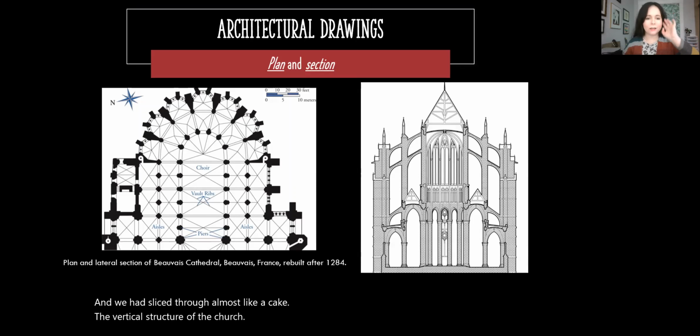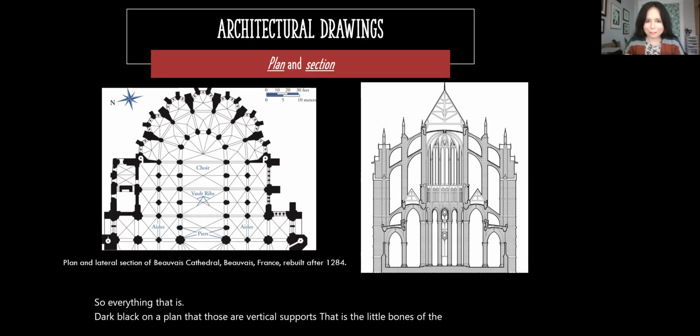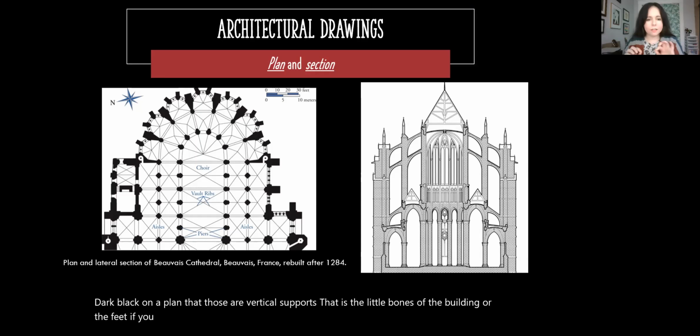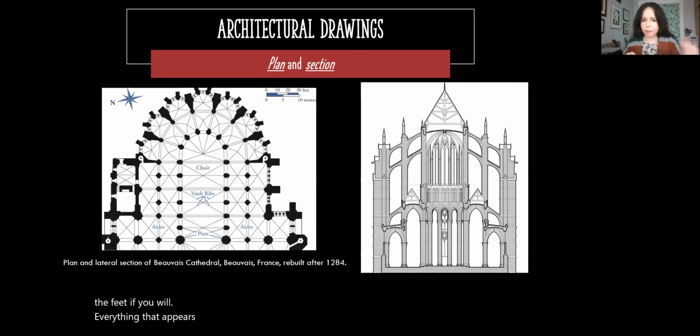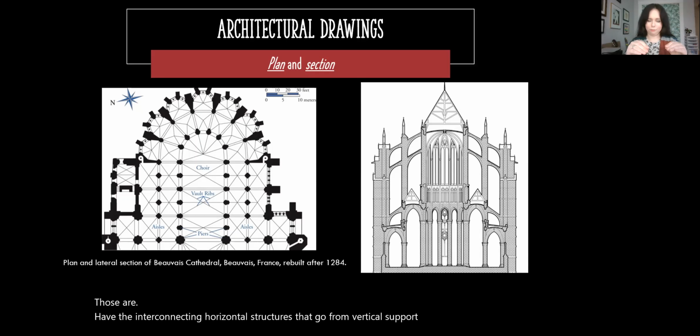So everything that is dark black on a plan, those are vertical supports. That is the little bones of the building, or the feet, if you will. Everything that appears in a line or a dotted line, those are kind of the interconnecting horizontal structures that go from vertical support to vertical support.